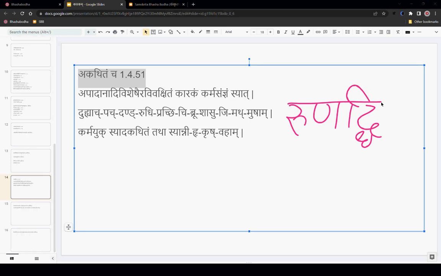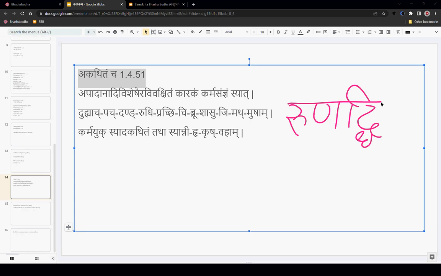Here the Rudha dhatu can also be dvikarmaka, can take two karma padas. So I am stopping, or you can say parking, right? Stopping or parking something. Vahanam runadhi.